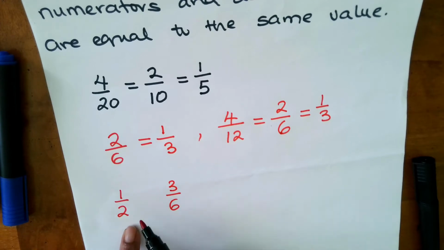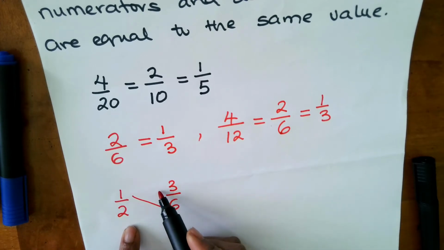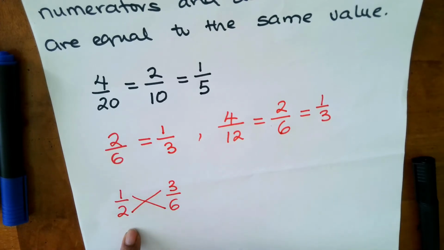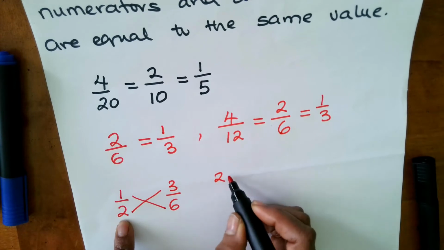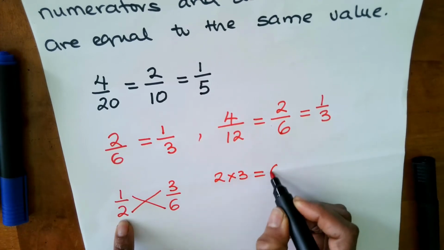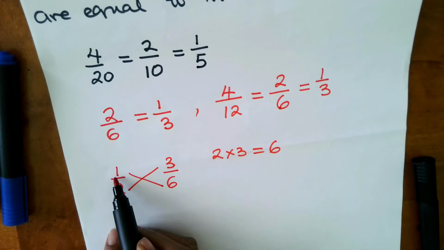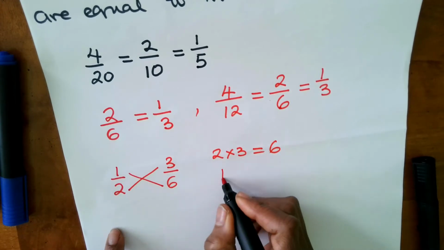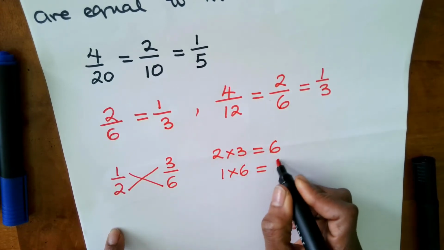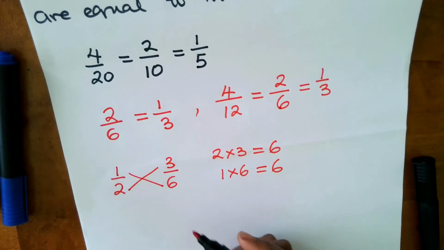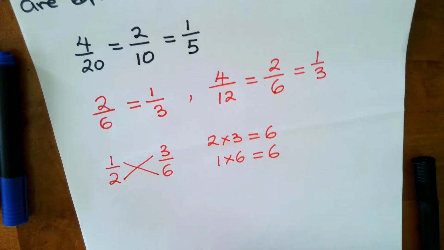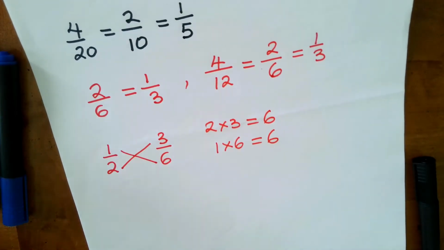So if I cross multiply these fractions, if it gives me the same numbers, then I'll know that the two fractions are equivalent. So if I multiply 2 and 3, 2 times 3, that will give me 6. And if I multiply 1 and 6, 1 times 6, that will also give me 6. So we say that these two fractions are equivalent.